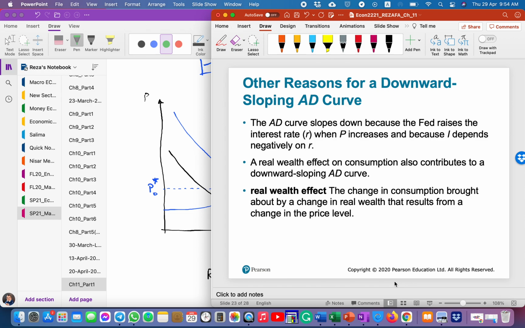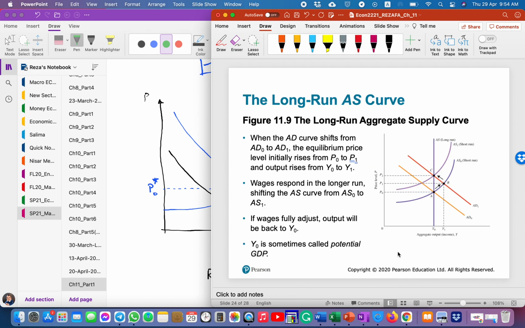And it is what are the other reasons for the downward sloping of aggregate demand. So let me explain this, and then I will go on to explain the long run aggregate supply.